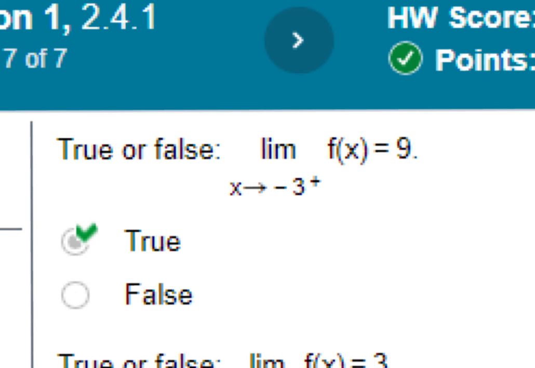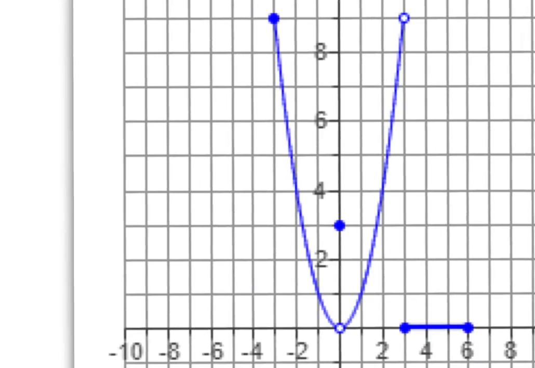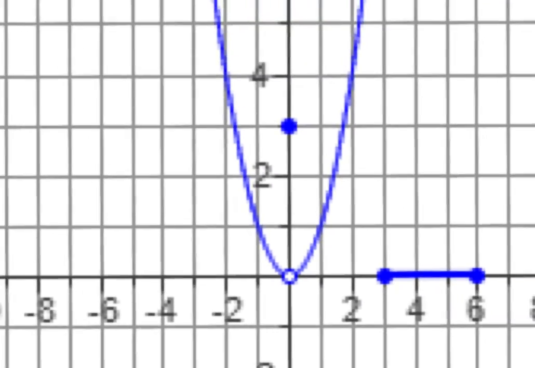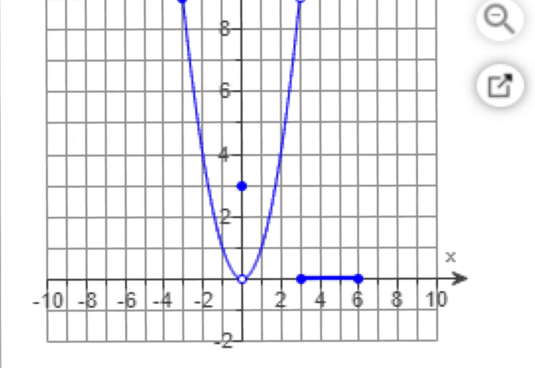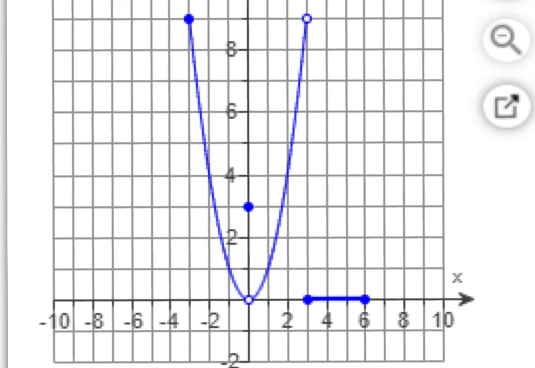Well, let's look at negative 3 from the right side. So you want to visualize like a boundary. You want to visualize this negative 3, okay? And so from the right side, what you could do is just kind of follow what the graph is doing as we are moving closer and closer to that -3 value from the right side.